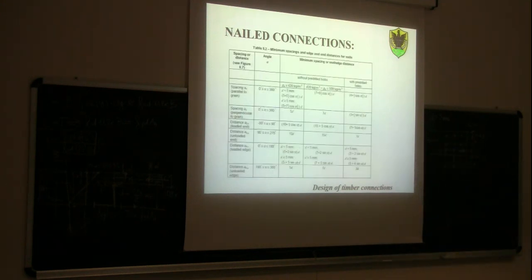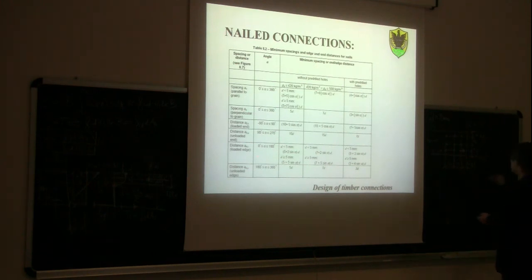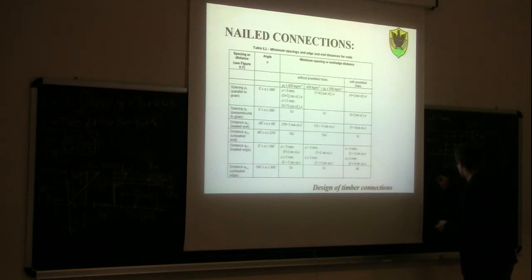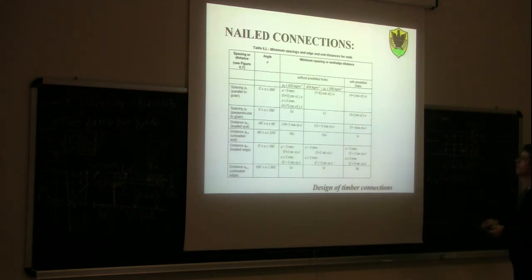A1 shall be greater than or equal to 5 plus 5 cos alpha times d. Now, alpha equal to 0 degrees, the cosine of 0 degree equals 1.